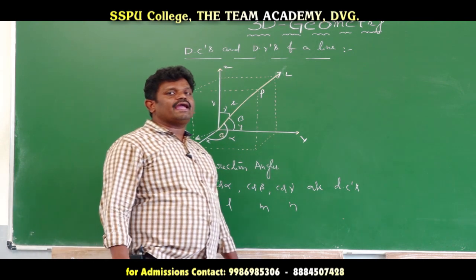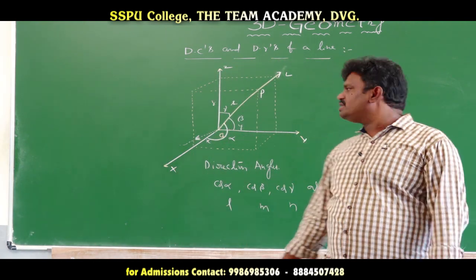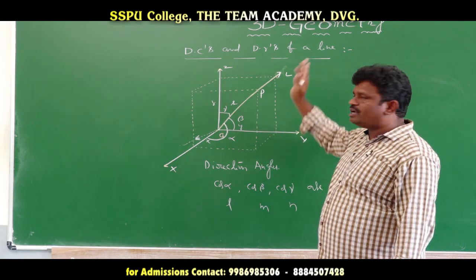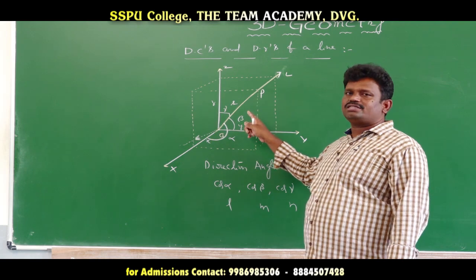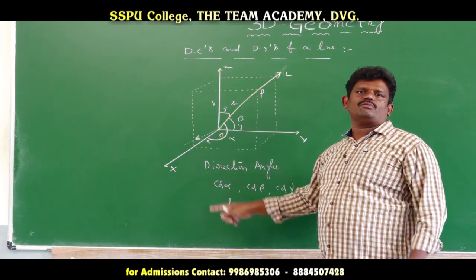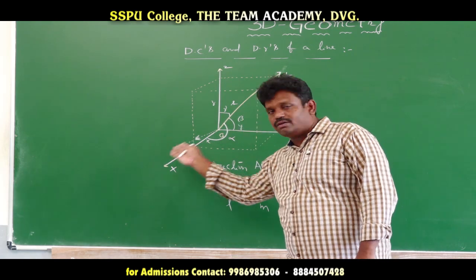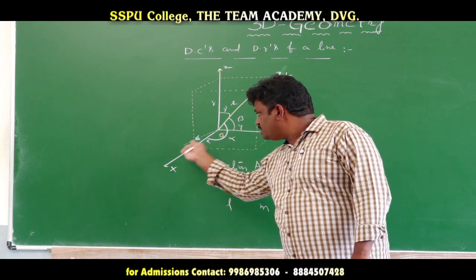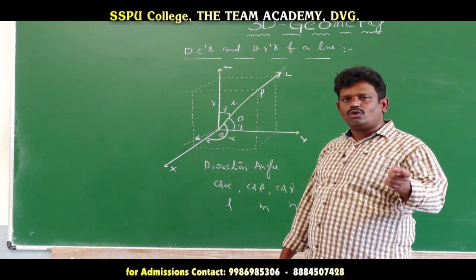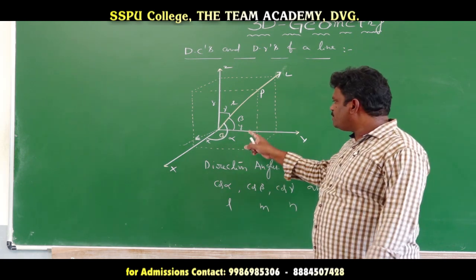Supplementary angles mean the sum of the two angles is equal to 180 degrees. Now see, this is the directed line in the upward direction, and its direction angles with the coordinate axes are alpha, beta, gamma. If you reverse the direction, the direction angles become the supplementary angles.